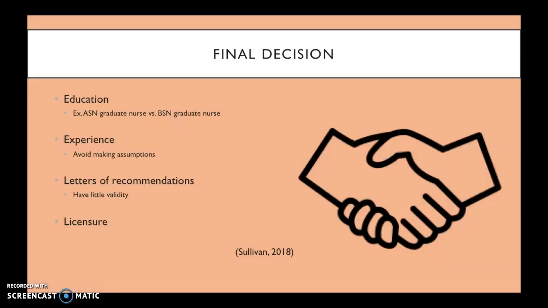The final decision is made based on a number of different factors, including education, experience, letters of recommendation, and licensure. For education, one example is an ASN graduate nurse versus a BSN graduate nurse. Nurses who have an associate degree are prepared to care for individuals in more structured settings.